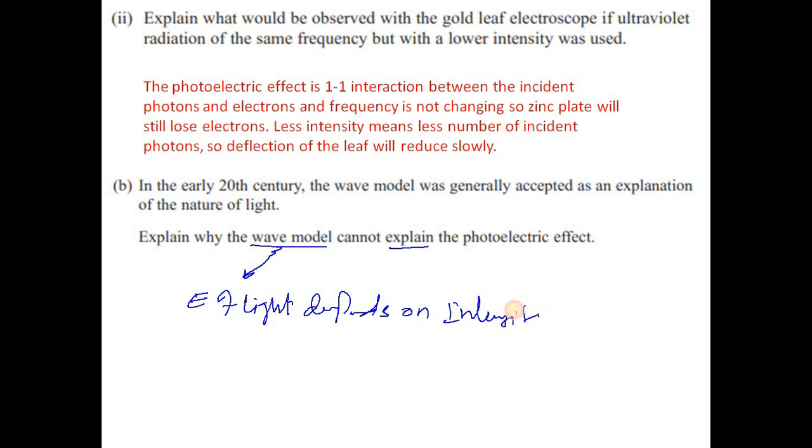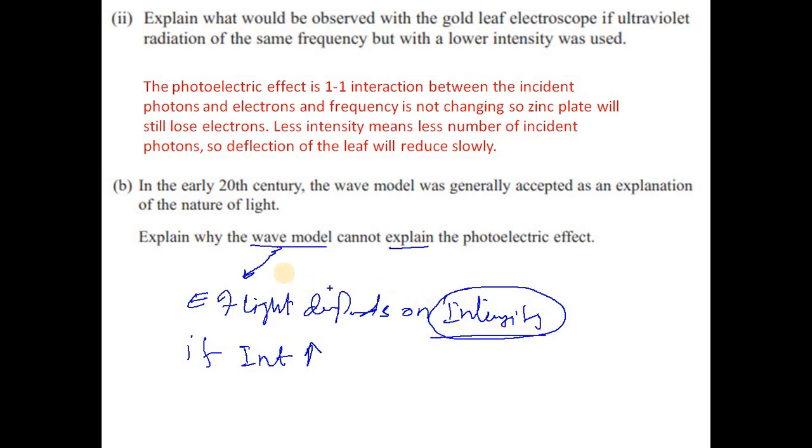So we can expect that if intensity is increased, then the energy of the emitted electrons should increase, but it is not observed. Change of intensity only causes a change in the amount of current, but not the energy. This is the first drawback.